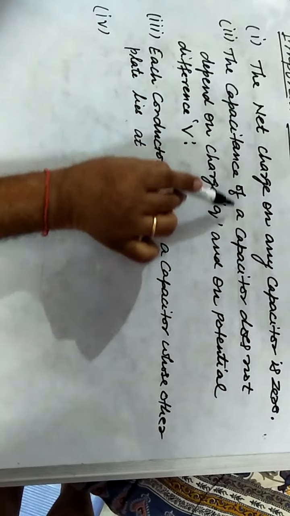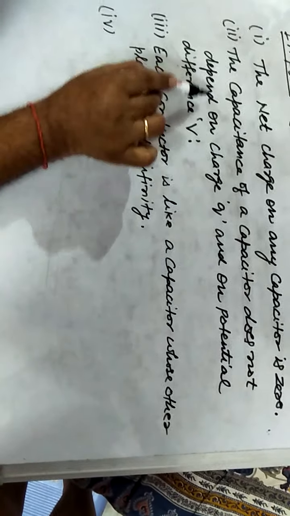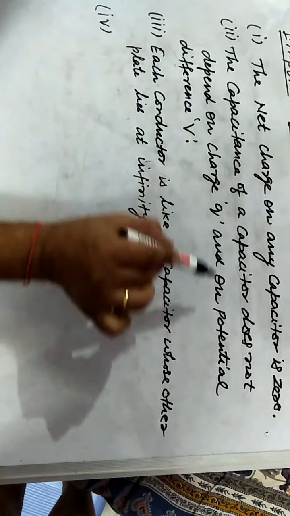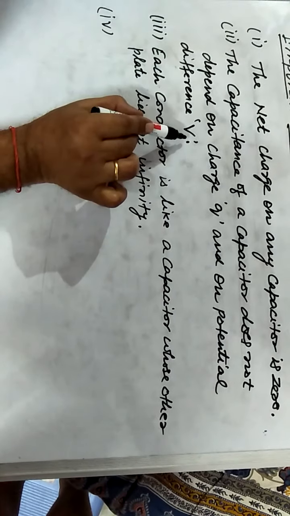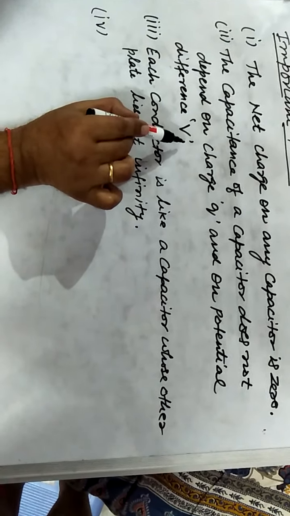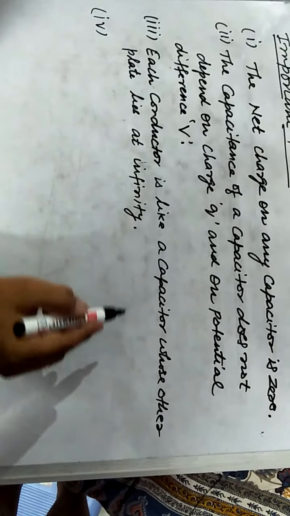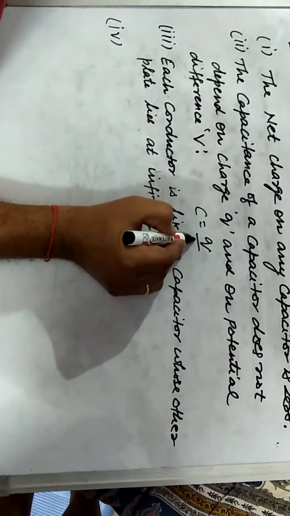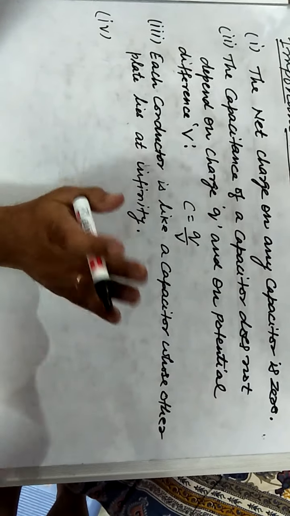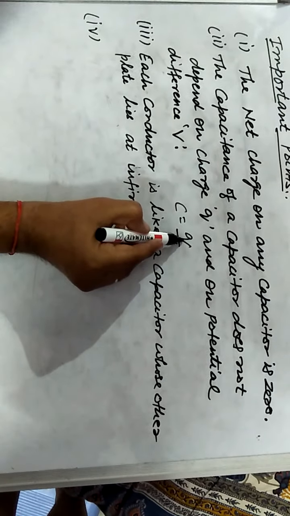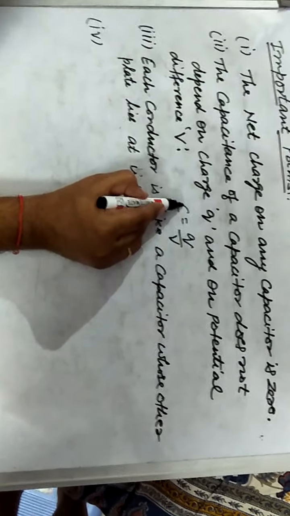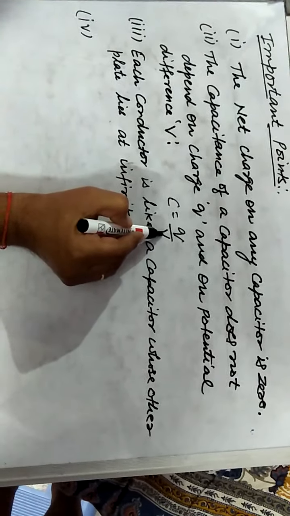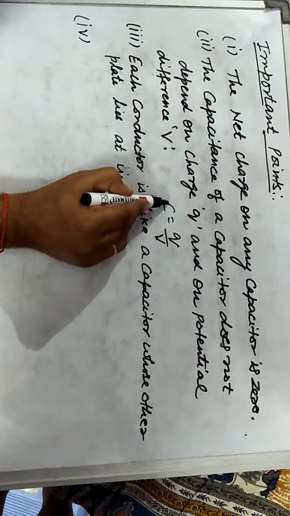Second point: the capacitance of a capacitor does not depend on the charge Q and on the potential difference V. Maybe this is surprising for you, because capacitance C is equal to Q upon V. So maybe there is a misconception in your mind that when we increase the charge Q, then C increases, or when we decrease the potential difference, then C increases.